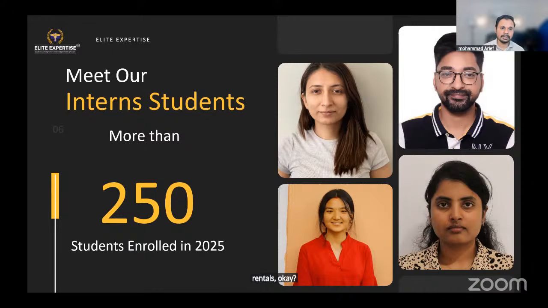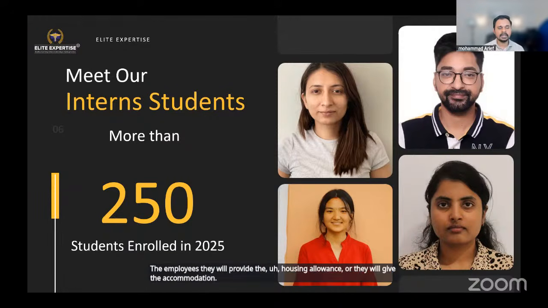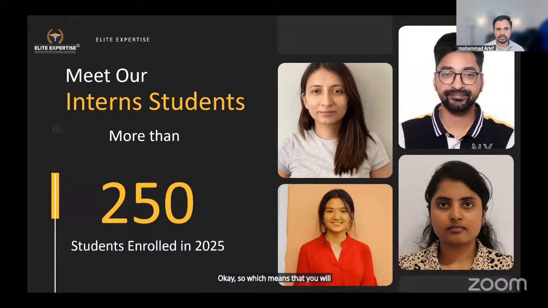On average, a small house will cost around 2,000 Australian dollars every month, only for the rent. But if you stay in regional areas, the employers will provide the housing allowance or the accommodation, so you will save those $2,000 per month. That's the main advantage of staying in the regional areas.